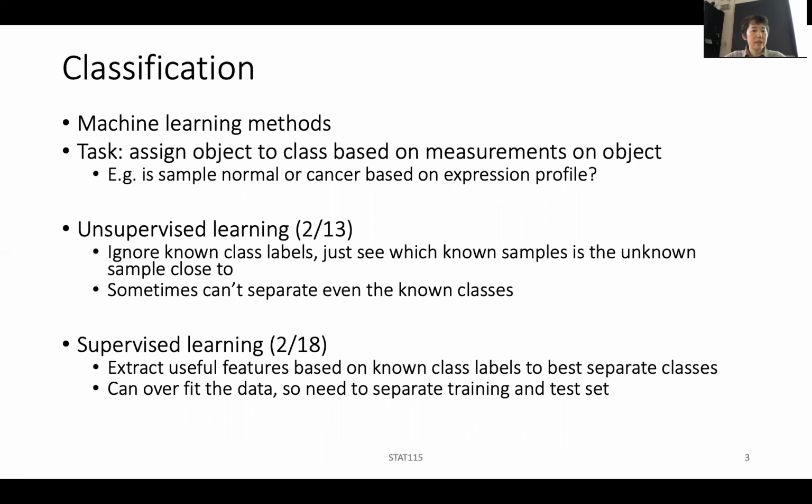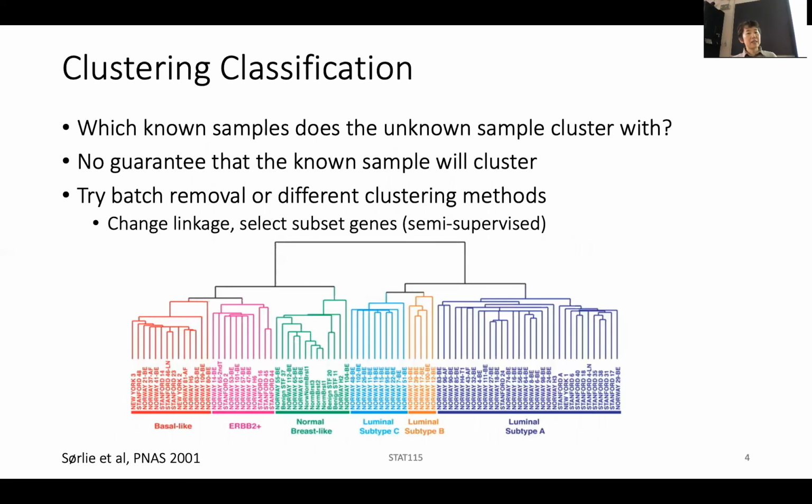So for the unsupervised learning, the very simple approach is to do sample clustering. For example, this is one of the earliest studies where people were looking at genome-wide gene expression. At that time, it was microarrays, and now you can do this with RNA sequencing.